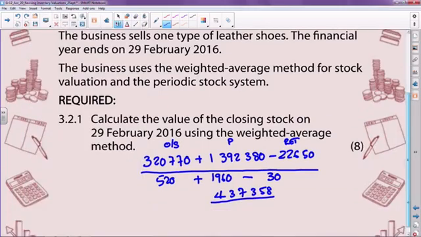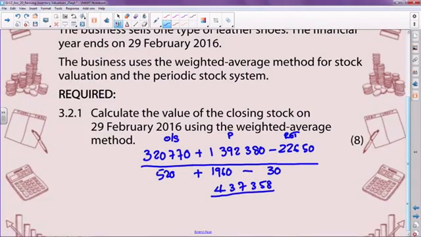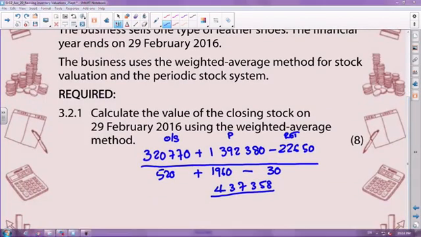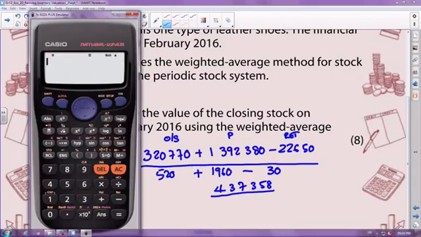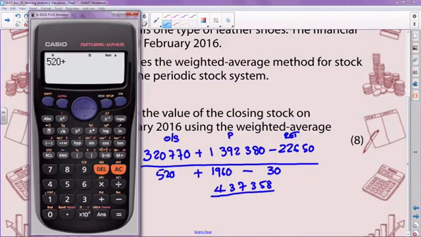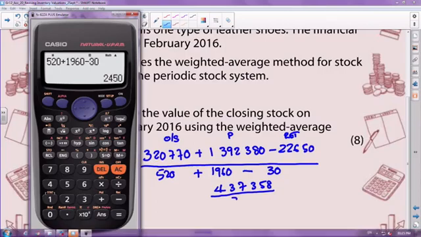So now I say fine. If we got that calculation, back to my calculator, it's 520 plus 1,960 minus 30, and that will be equal to 2,450. That's, remember, the pairs of shoes.